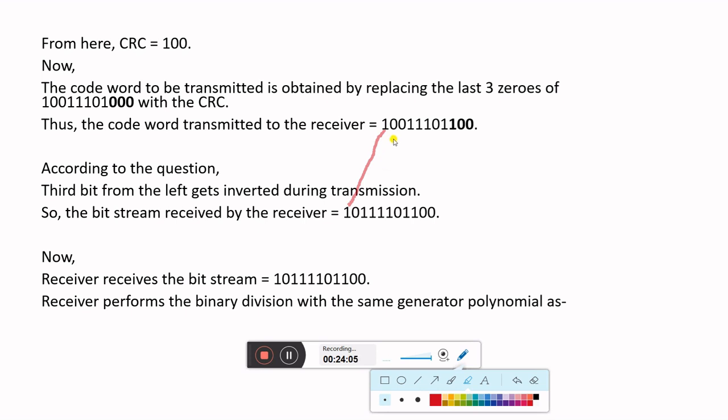Now the second bit is same, but the third bit 0 is converted to 1, because in the question it is asked that during the transmission the third bit from the left is inverted from 0 to 1 or 1 to 0. So here it is 0, so it is converted to 1. We know that there is an error in the data, so we have to check whether this will be reflected at the receiver end or not.